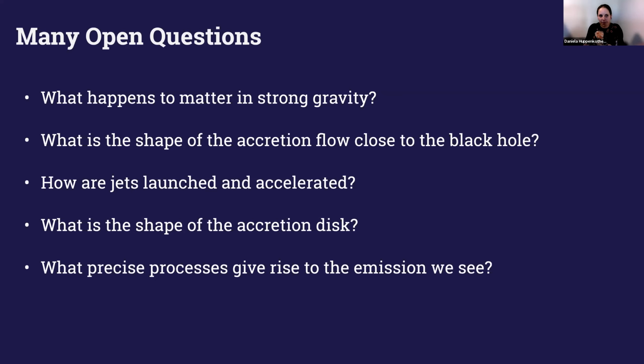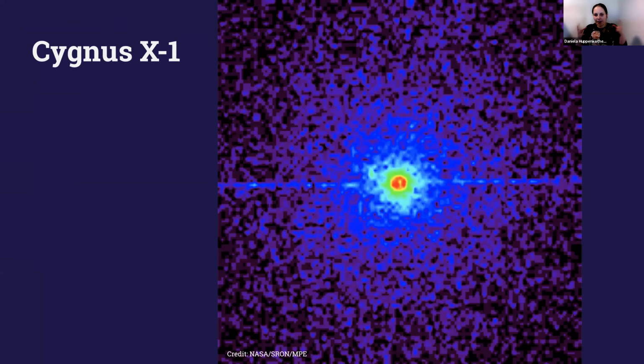We see more something like this. This is an image of a famous black hole. We call them black hole X-ray binaries. They are binaries with a black hole, and they are usually observed in X-rays. And this is usually more what we see. Any structure that you see here is not really physical, but it's imposed by the detector.